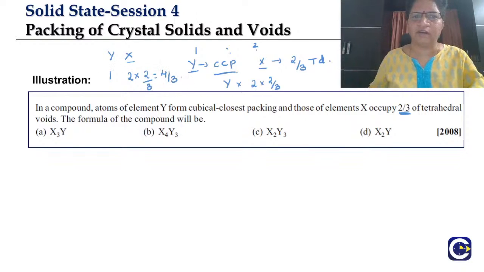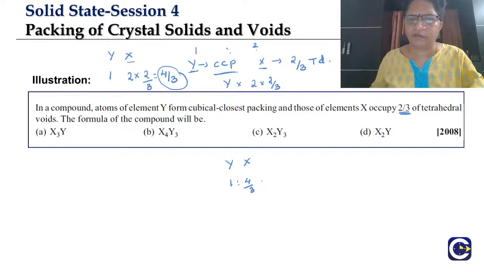I cannot write the formula in a ratio like this, so I want to make it a formula. 1:4/3. I'll multiply throughout with 3 so that we don't get any fraction. So multiply this with 3. It will become Y3X4.